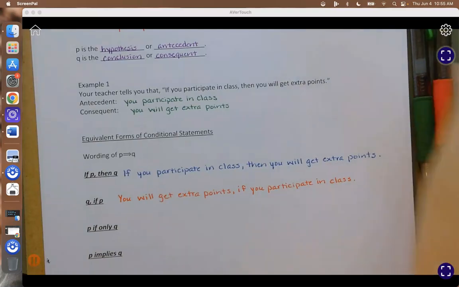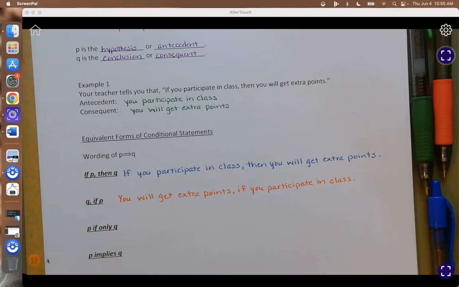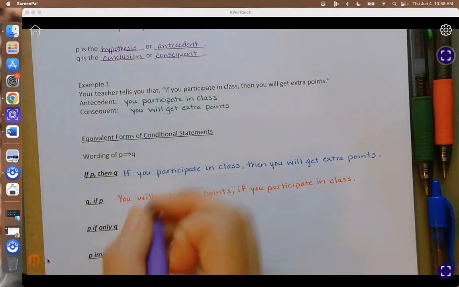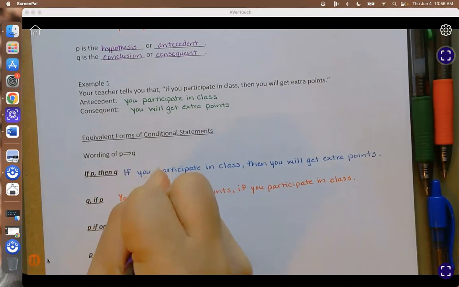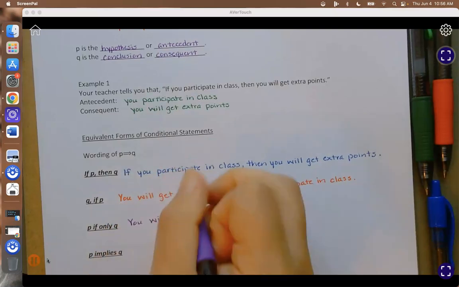All right, another one. P only if Q. Sometimes you have to change a little bit of the wording.